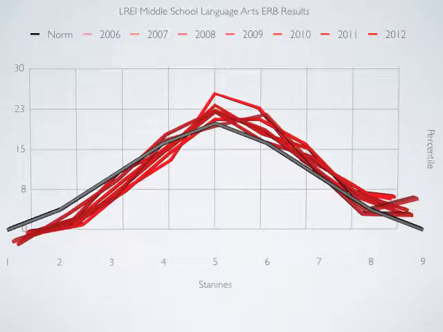If you look at the overall track of those scores, you see that on average, students at LREI perform as well as or slightly better than their student peers in other independent schools. And we can see that because on the left-hand side of the graph, our scores are just below the gray line, which is the normal curve, and on the other side, just slightly above. So this is really good news for us.